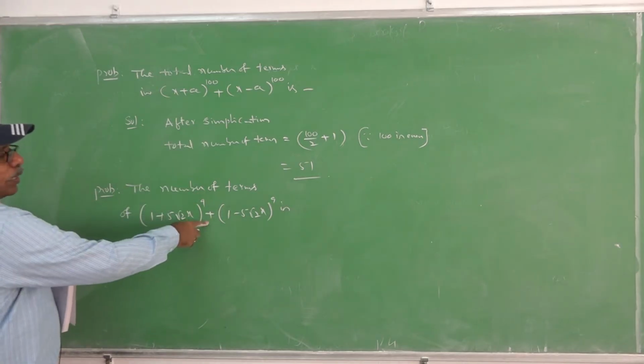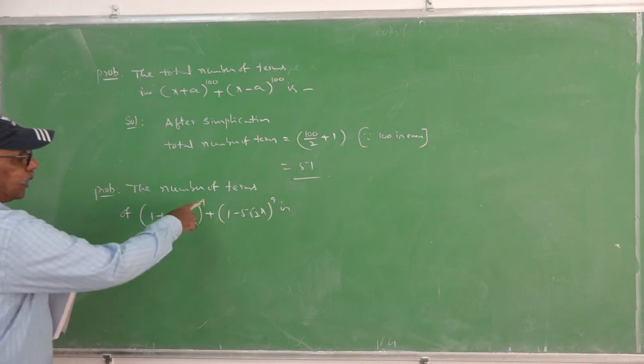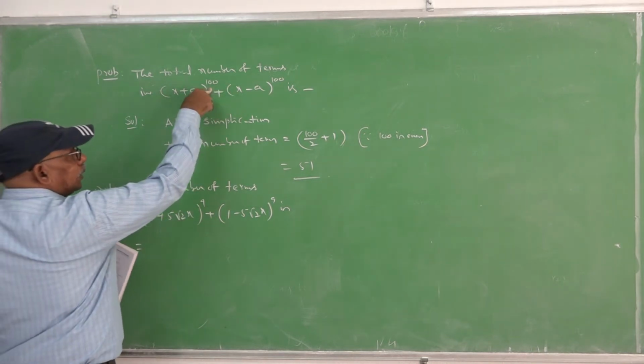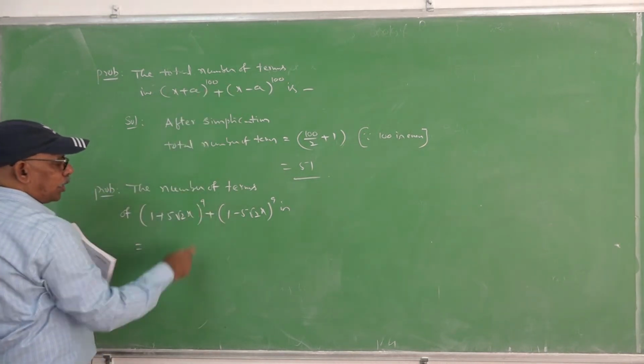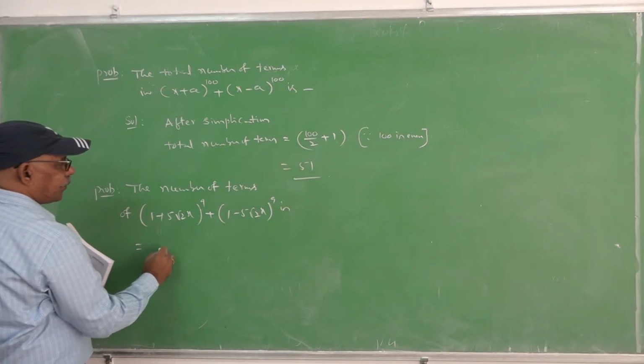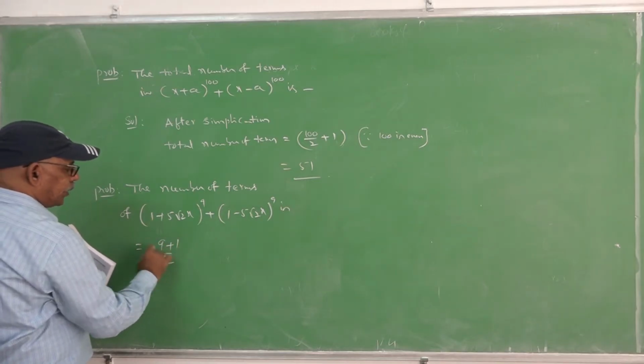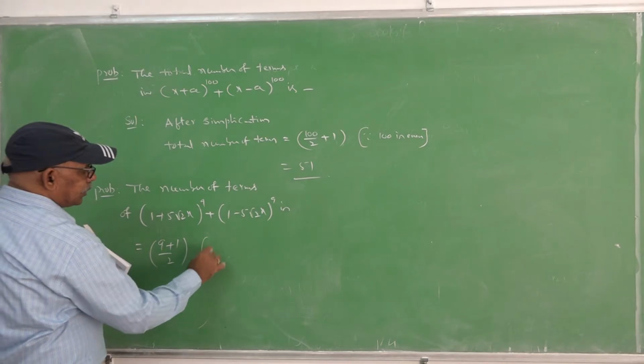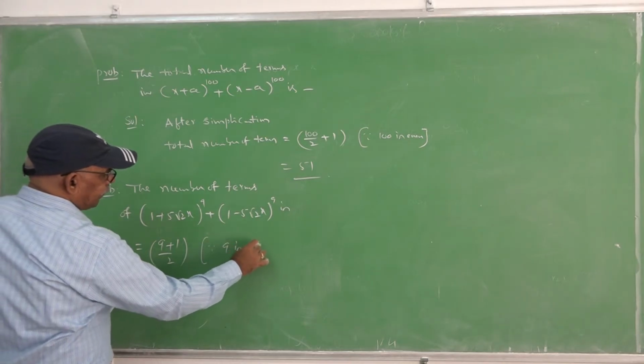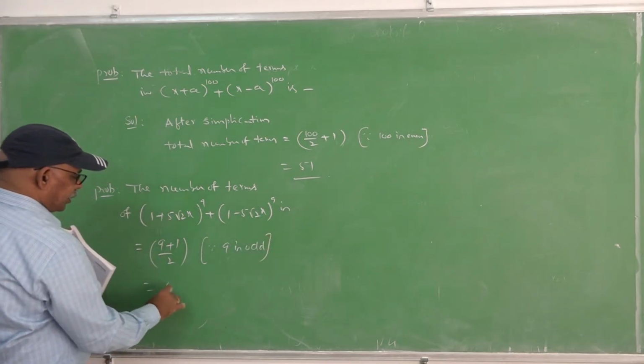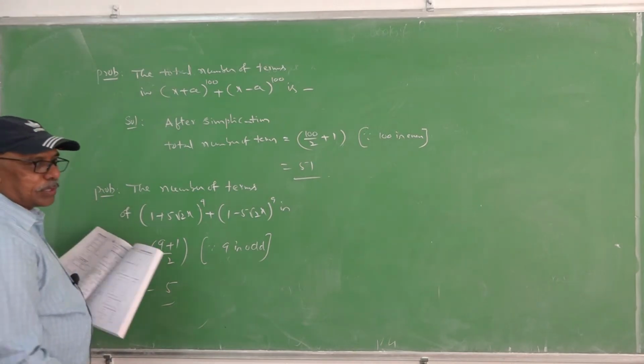Same procedure. Here we have plus, but whereas the index there was even, here it is odd. In case of odd, the number of terms is (9 + 1)/2, since 9 is odd. So the number of terms is only 5.